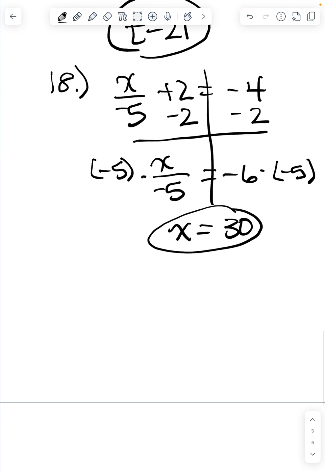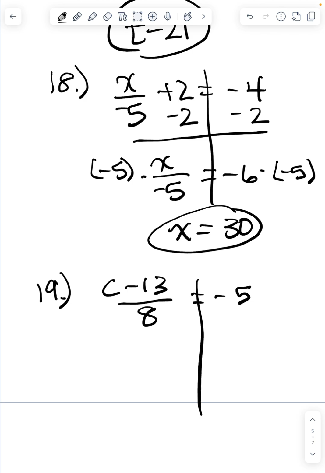Number 19. c minus 13, all divided by 8, equals negative 5. Okay, so in this problem, the first thing you would do with the c is subtract 13 from it. Then you would divide that answer by 8. That means the last thing being done is division by 8.